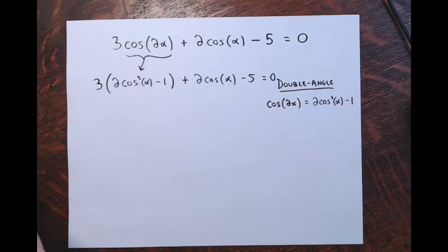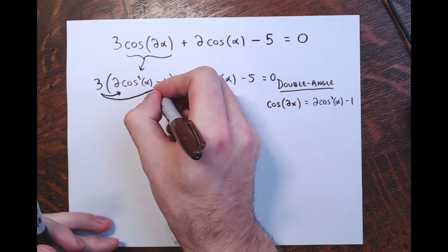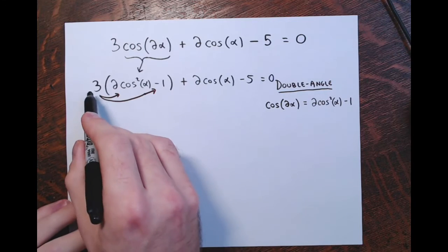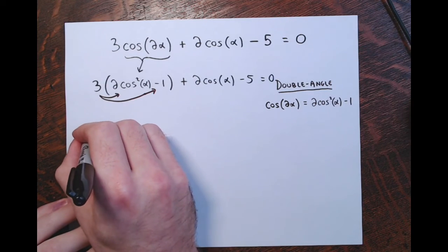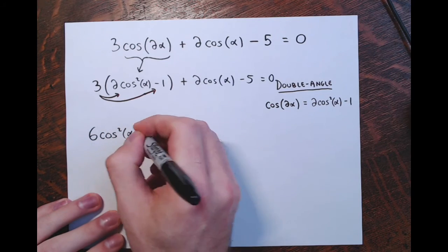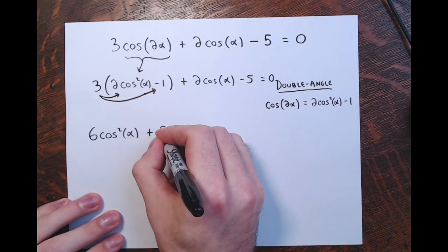And I'm going to distribute this 3, and we'll combine like terms, and you're going to see this is exactly like a quadratic in cosine. I'll have 6 times cosine squared of alpha, then plus 2 cosine to the first of alpha.